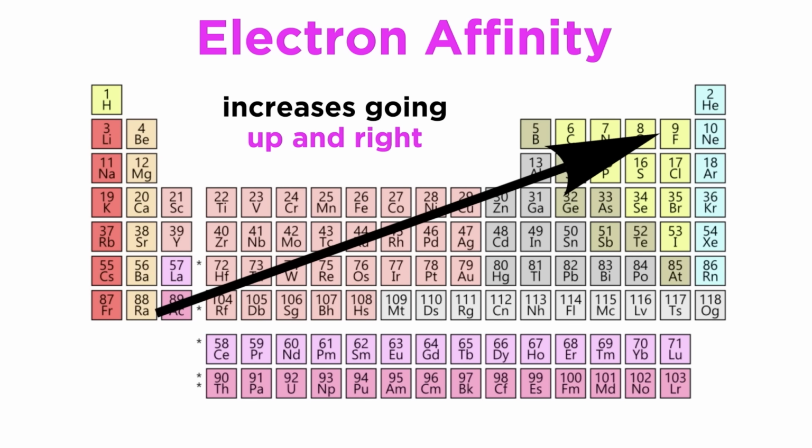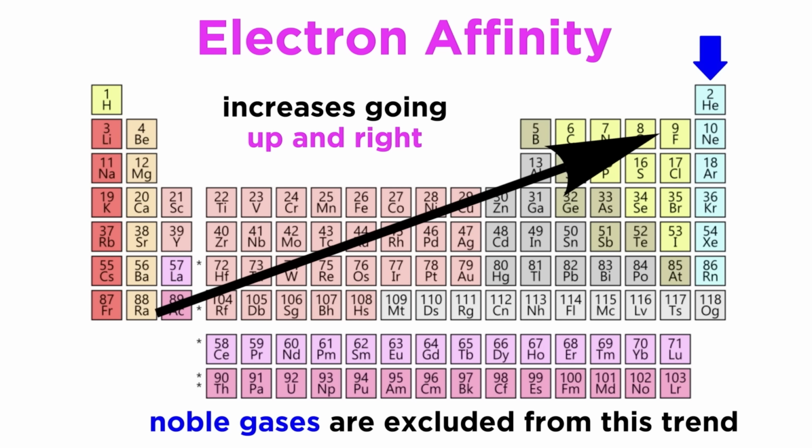So in general, electron affinity increases going up and right on the table, with some exceptions. Noble gases do not follow this trend, as with a full shell of electrons, it is typically not favorable to add another electron, so we discount them when considering this property.